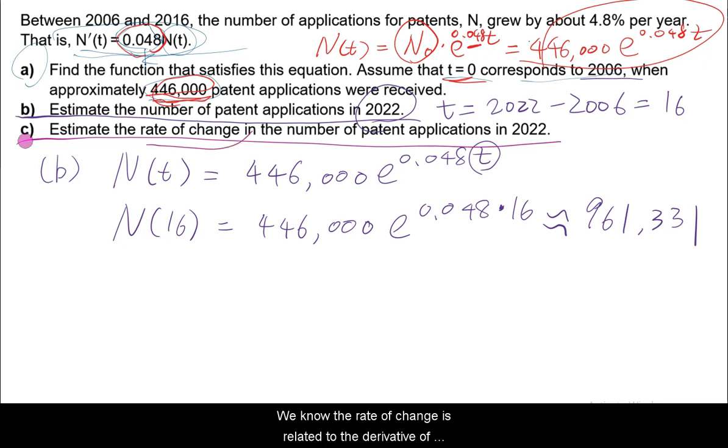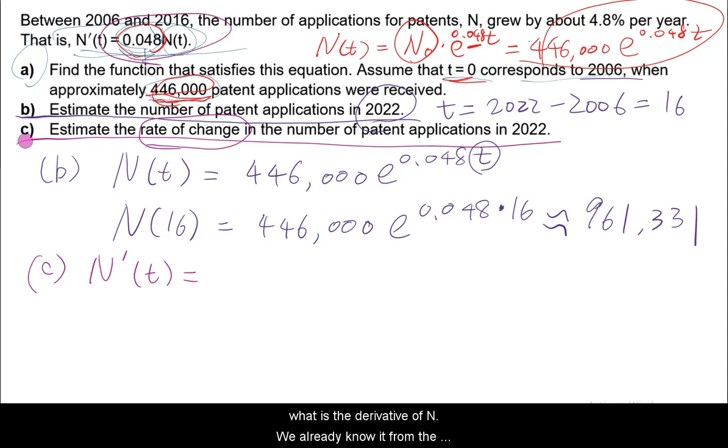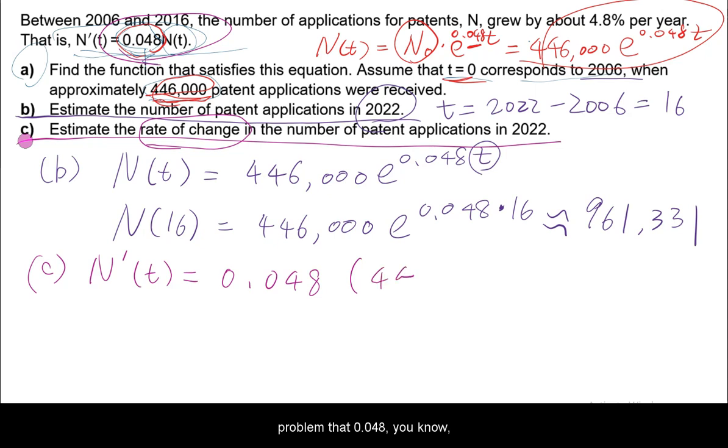We know the rate of change is related to the derivative of the function, right? So for C, basically we need to find the derivative of N. We already know it from the problem, that's 0.048 N of t, which is 0.048 times 446,000 e to the 0.048t.